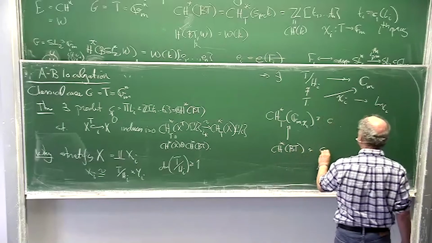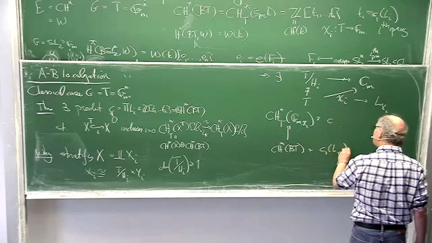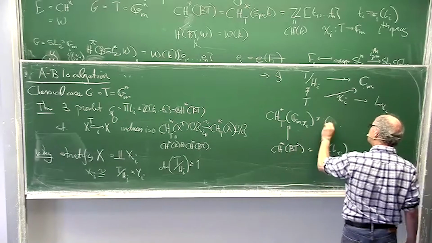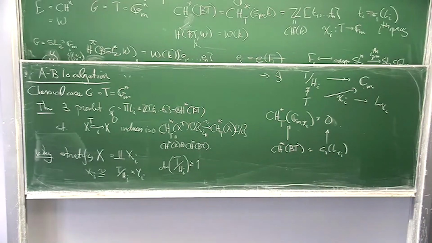Here you have this c1 of this L chi-i. This goes to 0 in here, with an easy calculation. You've trivialized the line bundle by pulling up to the space of the character, in some sense.